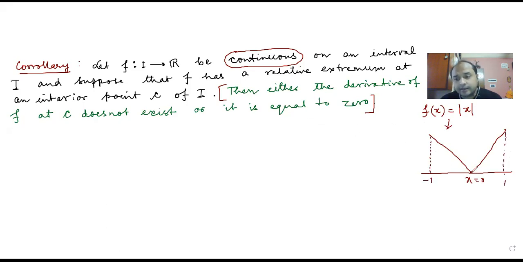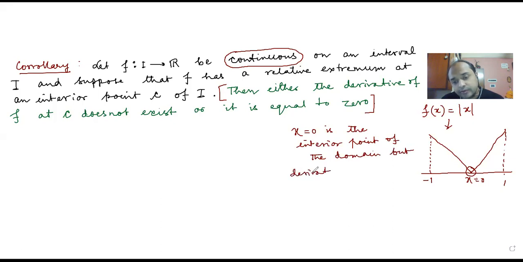Now you see this x equal to 0 point is definitely an interior point of the domain, but the derivative at x equal to 0 will not exist, and all of us know this.